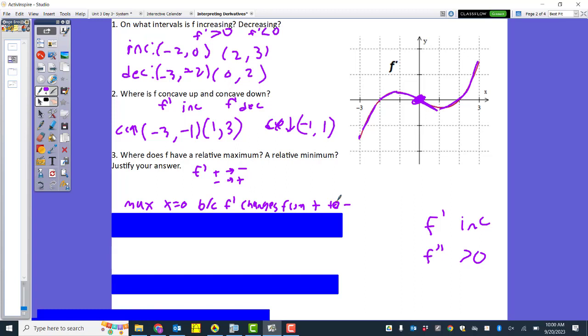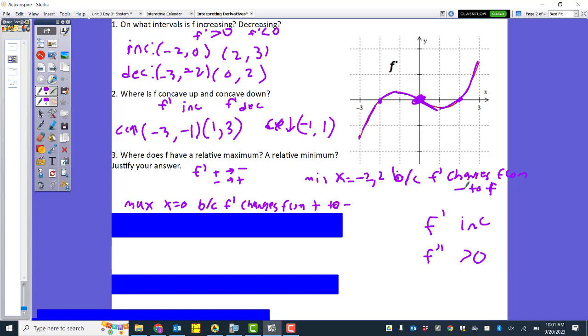Okay? Then we do the min. Min is going to be the opposite, changes from negative to positive. So we have a min at x equals negative 2 and 2, because, and once again, this is stop wanting to write for me, because f prime changes from negative to positive.